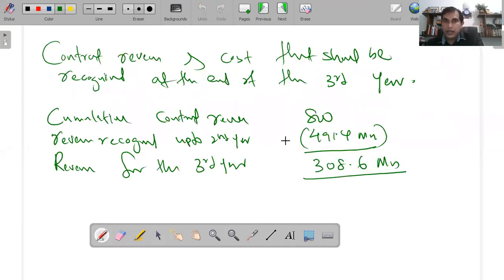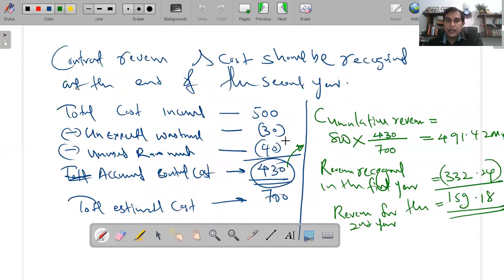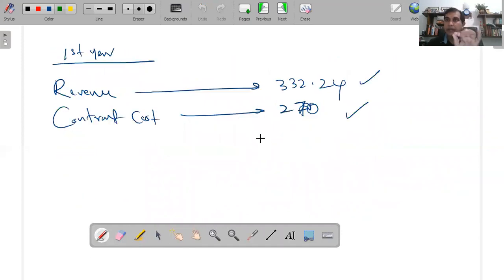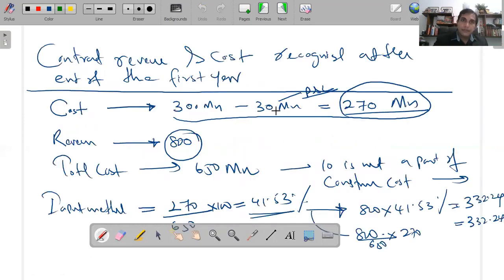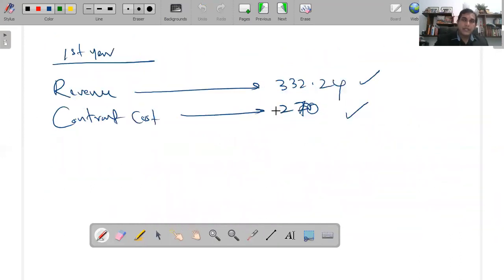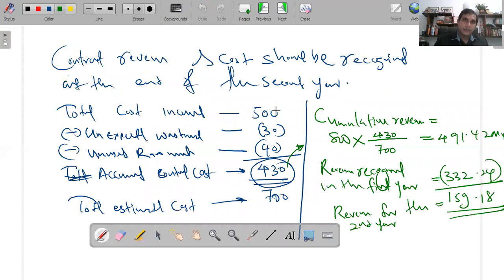Now I explained how revenue and the cost for each and every year, first year, second year and the third year, recognized separately. Please write down the answer. I will give you a couple of minutes to write them. This is the first year one. This is the second year one.